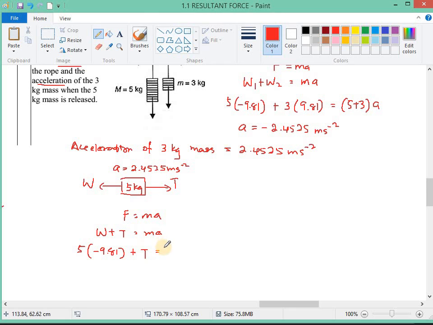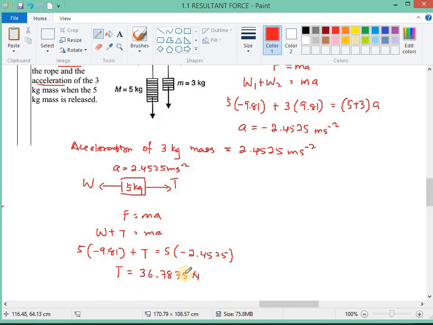The mass is 5 kilogram and the acceleration, because it accelerates to the left and left is negative, is negative 2.4525. So the tension we get is 36.7875 Newton.